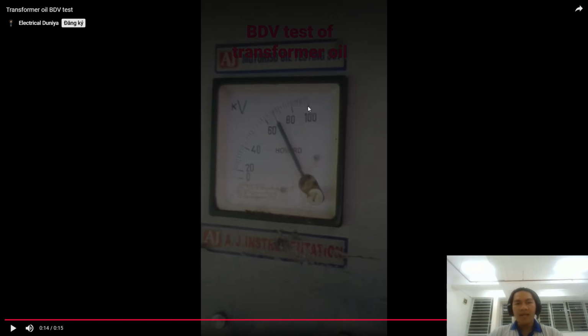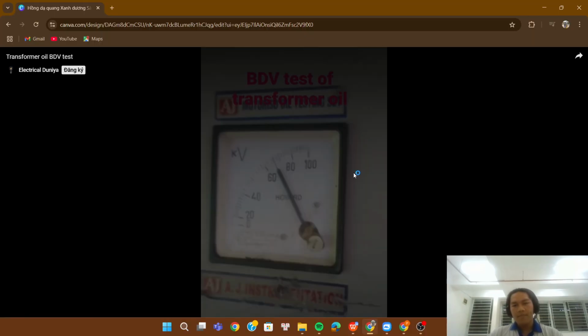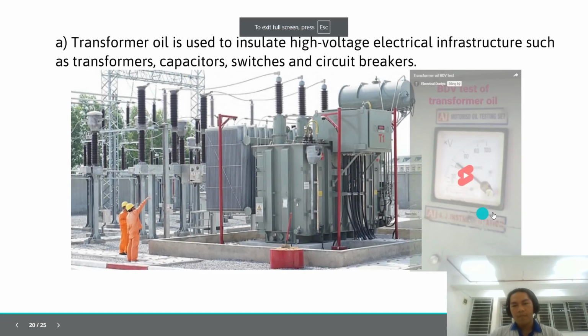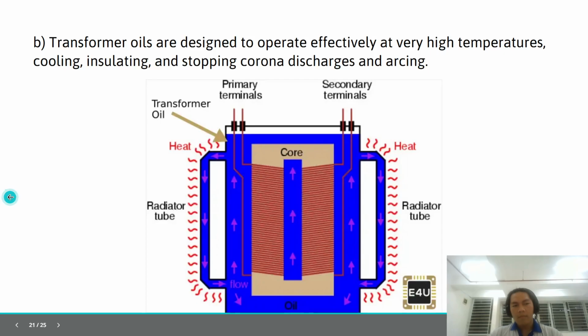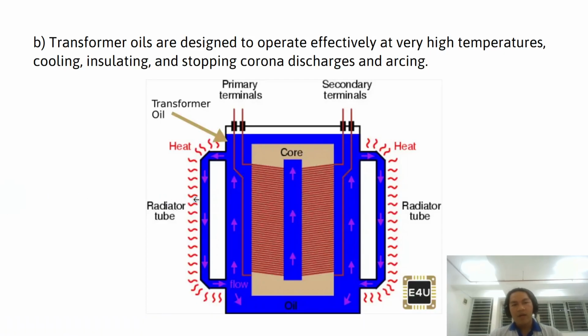So you see the BDV test is breakdown voltage, and the number can reach almost 70 kilovolts. Transformer oils are designed to operate effectively at very high temperature, cooling, insulating, and stopping corona discharges and arcing.